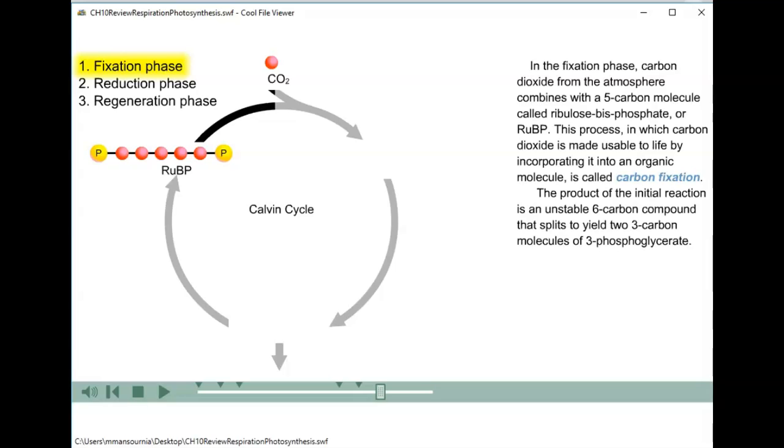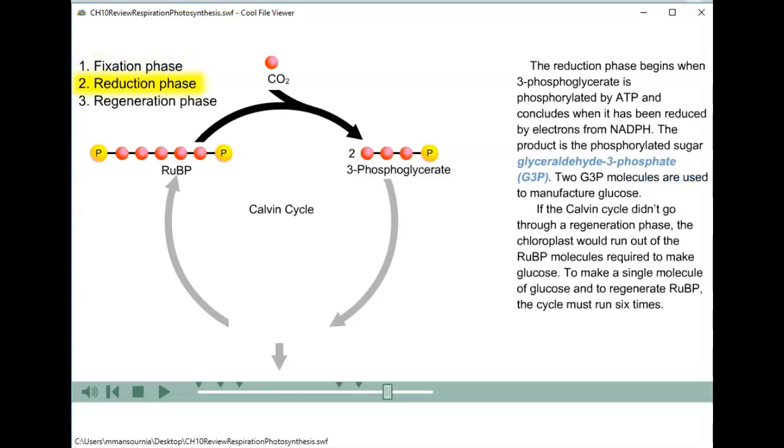This process, in which carbon dioxide is made usable to life by incorporating it into an organic molecule, is called carbon fixation. The product of the initial reaction is an unstable 6-carbon compound that splits to yield 2 3-carbon molecules of 3-phosphoglycerate.